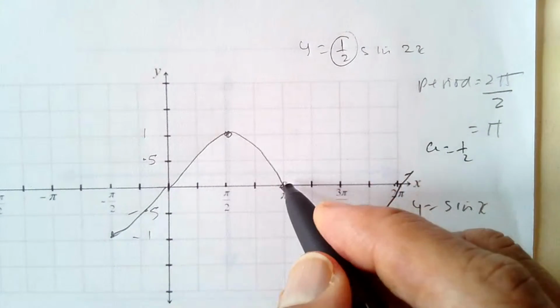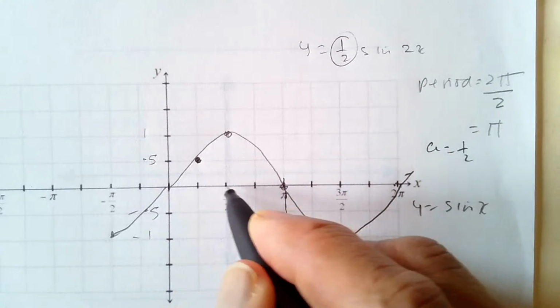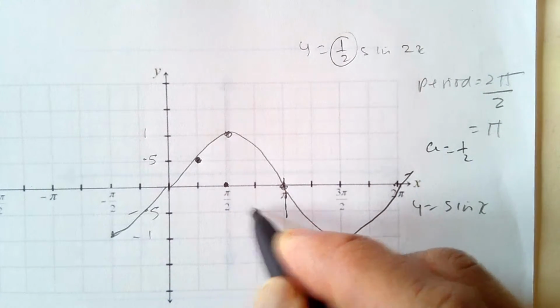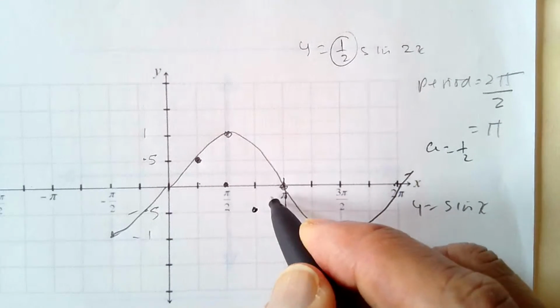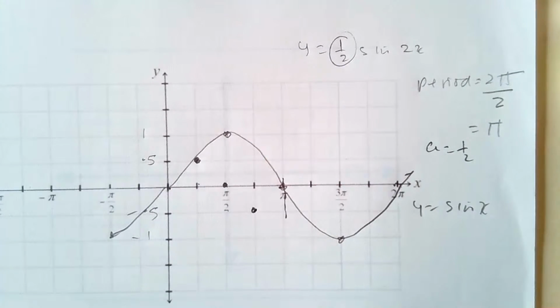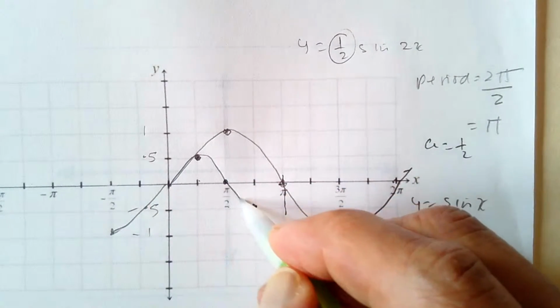So now instead of having it, this is my cycle, so we have it 1, 2, so now we have a complete cycle. It's 1 pi.